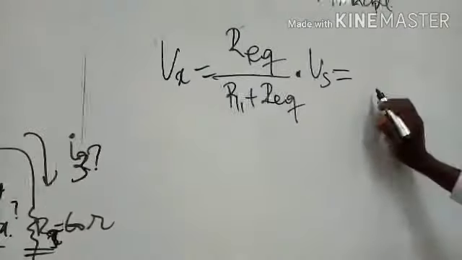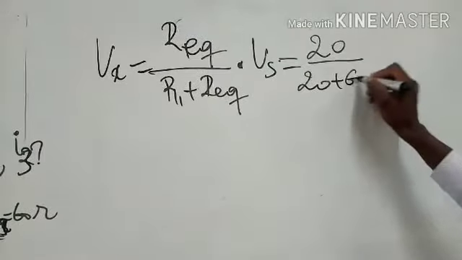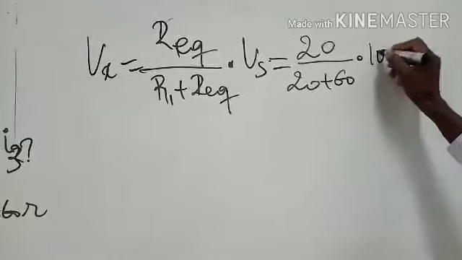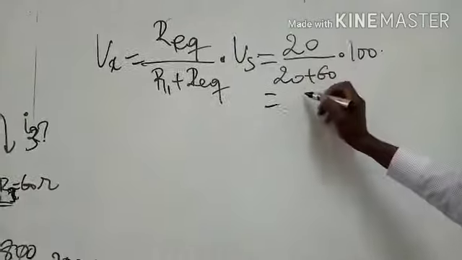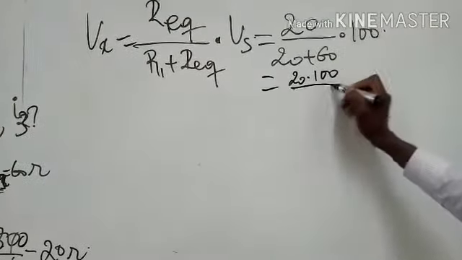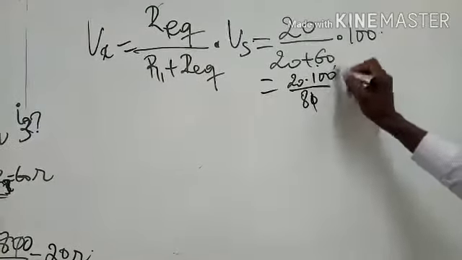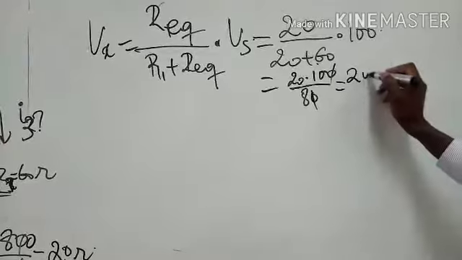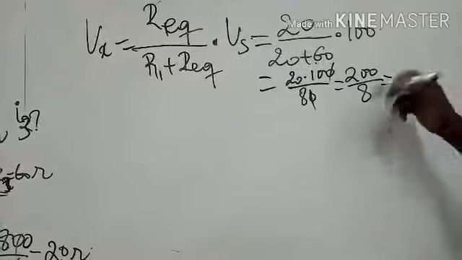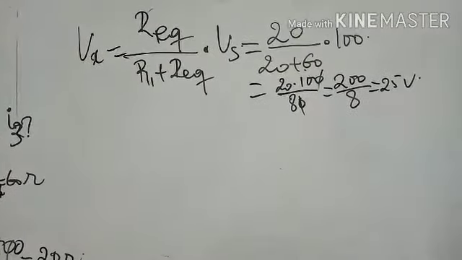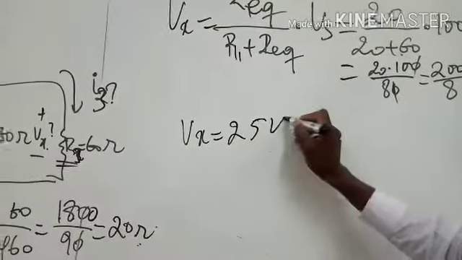Then this will be equal to 20 over 20 plus 60 times 100. We remain with 20 times 100 over 80. Let's simplify. Here we get 200 over 8, and then we remain with 25 volts. Then Vx is equal to 25 volts.